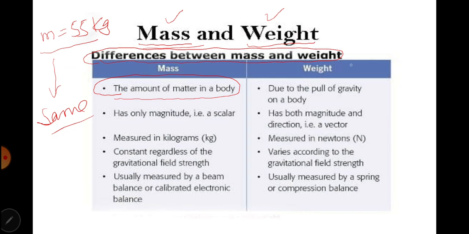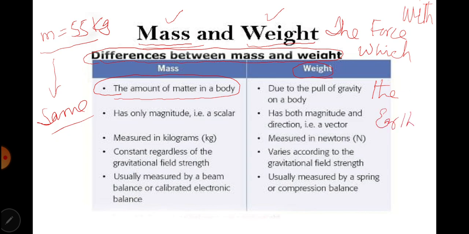But weight is the push or pull of the earth, the force with which the earth attracts an object.